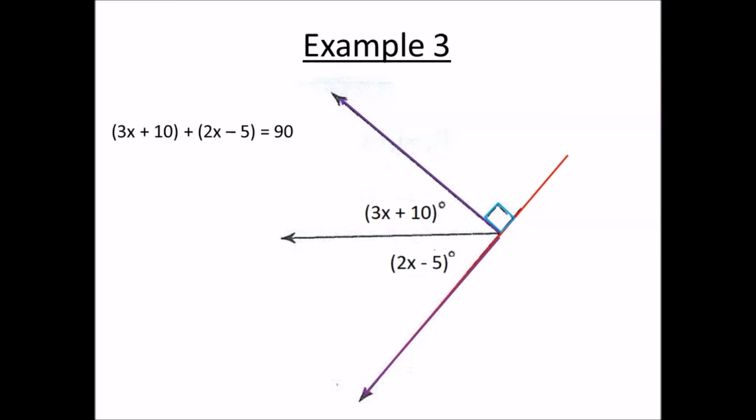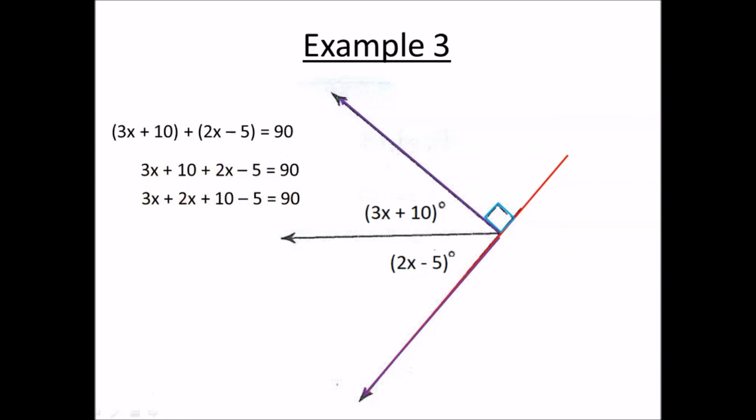So now let's go ahead and do the algebra. We're going to drop our parentheses and get 3x plus 10 plus 2x minus 5 equals 90. And we're going to try to combine like terms. So I'm going to flip this 10 right here and the 2x right here in position. If we flip it over, we have 3x plus 2x plus 10 minus 5 is equal to 90. So I can now combine my x's right here, and combine my numbers right here and simplify that further.